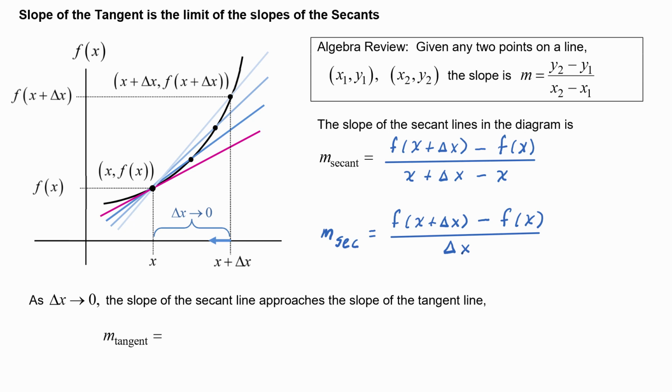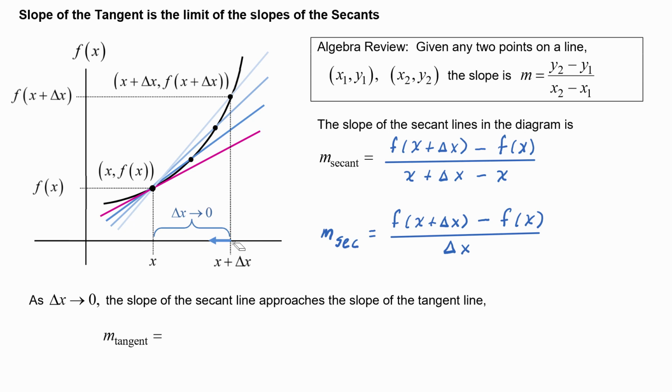Now what we want to explore in this diagram is what happens to this secant line as delta x goes to 0. Delta x is the distance between these 2 points, because if we take x plus delta x and subtract x, we are left with the difference, which is delta x.